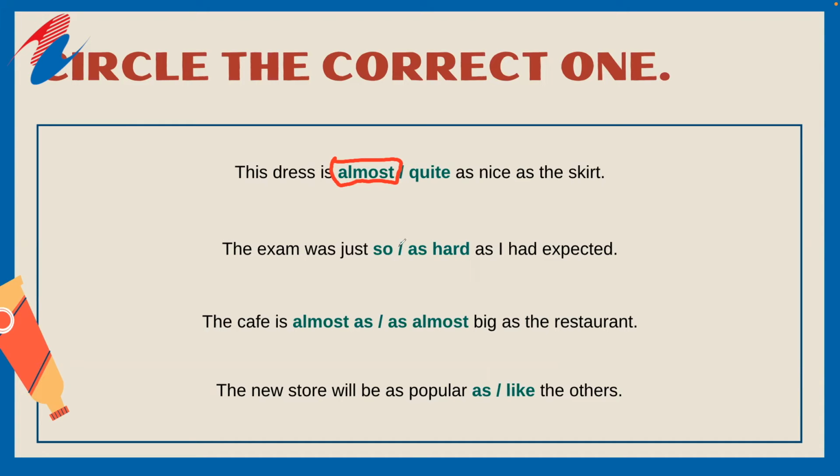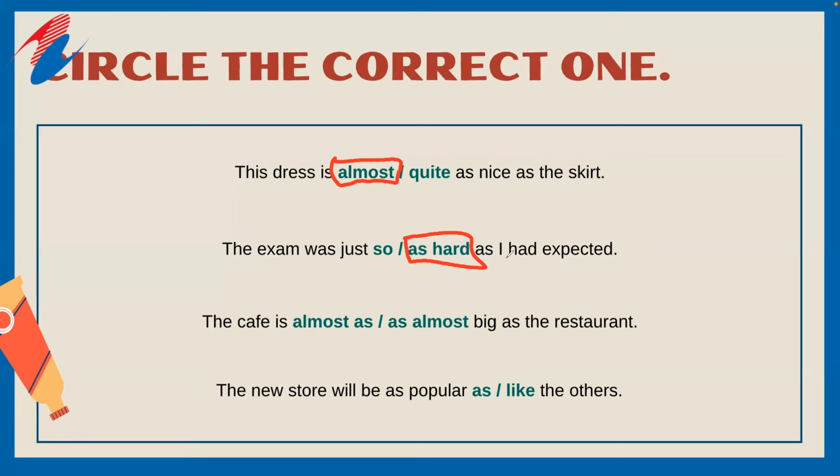Is it so or as? 그러면은 제가 5 seconds 주고 선생님들을 이거를 한번 해보세요. 네, 정답은요. The exam was just as hard as I expected. Okay? So hard as I expected는 안 되죠? So it's going to be the exam was just as hard as I expected.